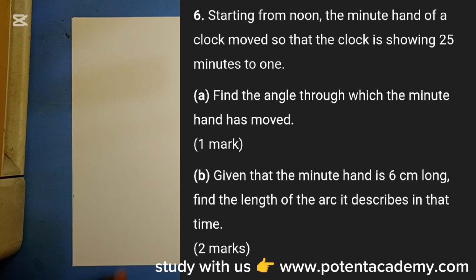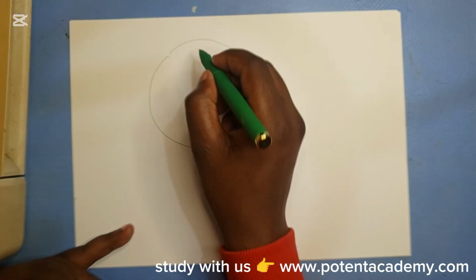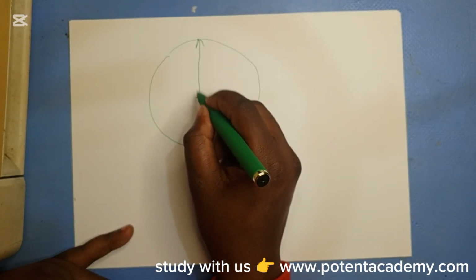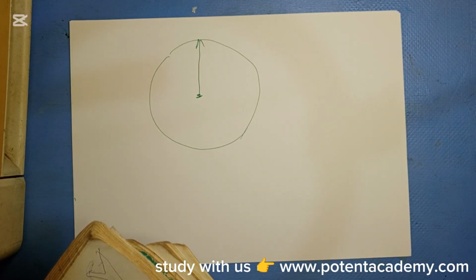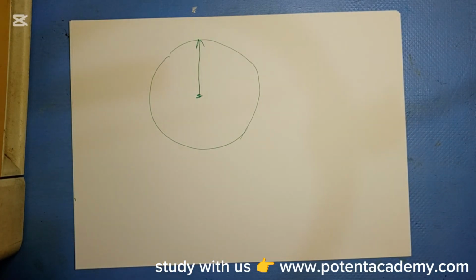Starting from noon. So you have this clock. Noon is here. The minute hand will be there, and the hour hand. So starting from noon, the minute hand of a clock moved so that the clock is showing 25 minutes to 1.